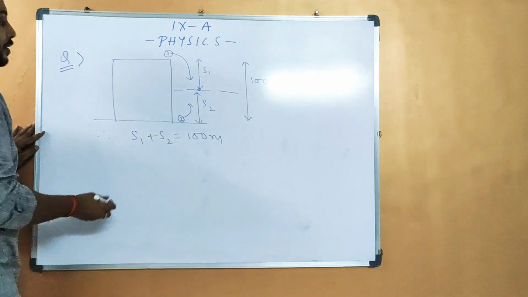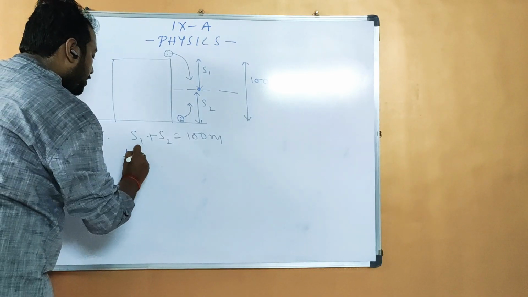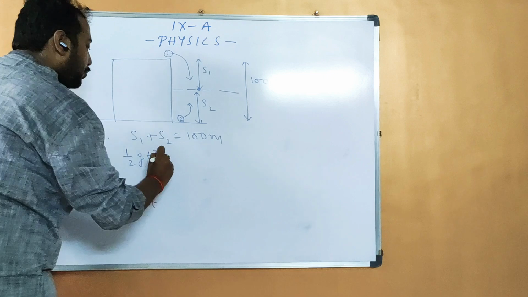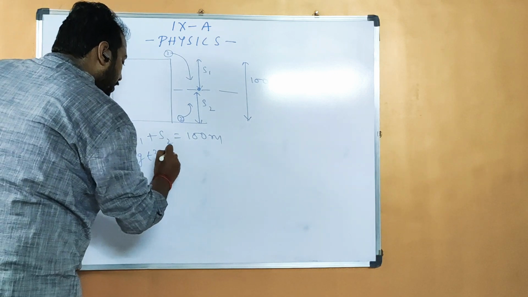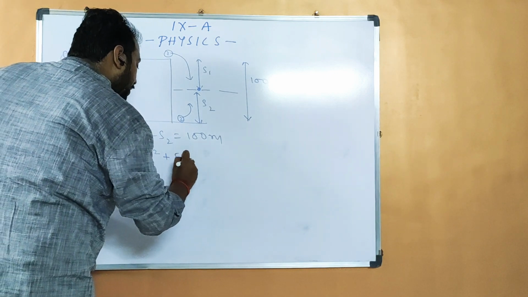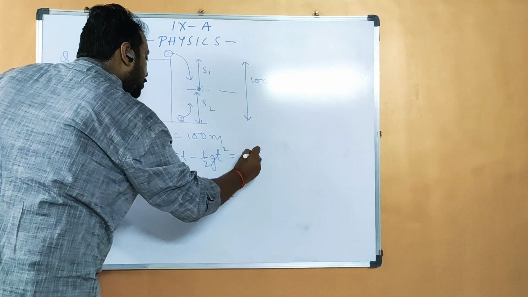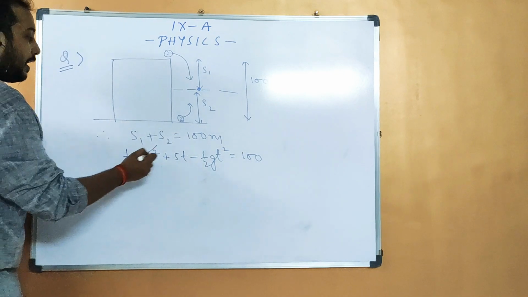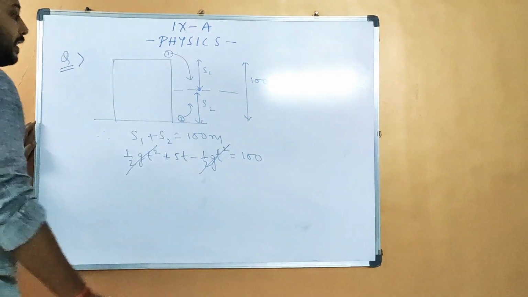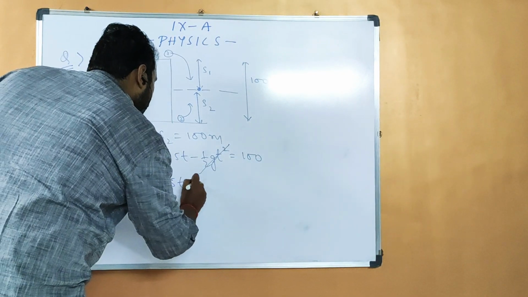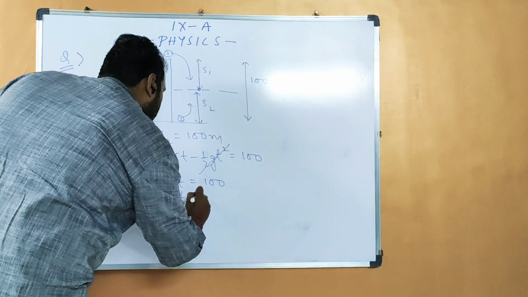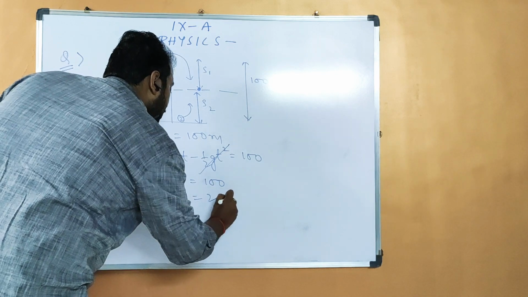We will now put the values. S1 was half gt square, S2 was 5t minus half gt square, equal to 100. This half gt square will get cut. 5t is equal to 100. Then t is equal to 20 seconds.